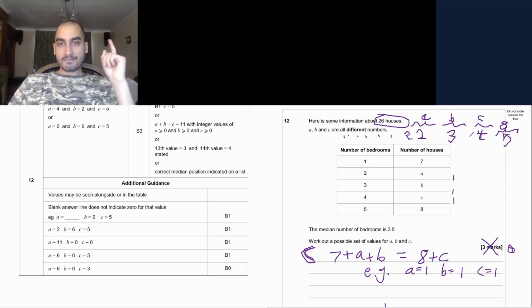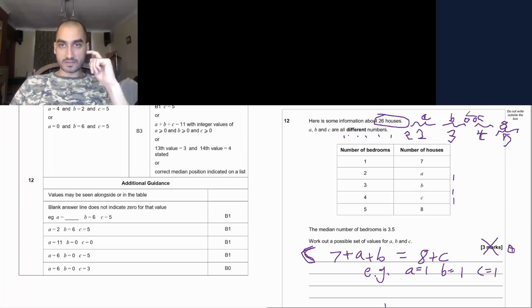5s. Okay. Now for the median to be between 3 and 4, we need this house here at the upper end of the B's and this house here at the lower end of the C's to be the 2 middles, right? So that means half the houses are to the left, half are to the right.